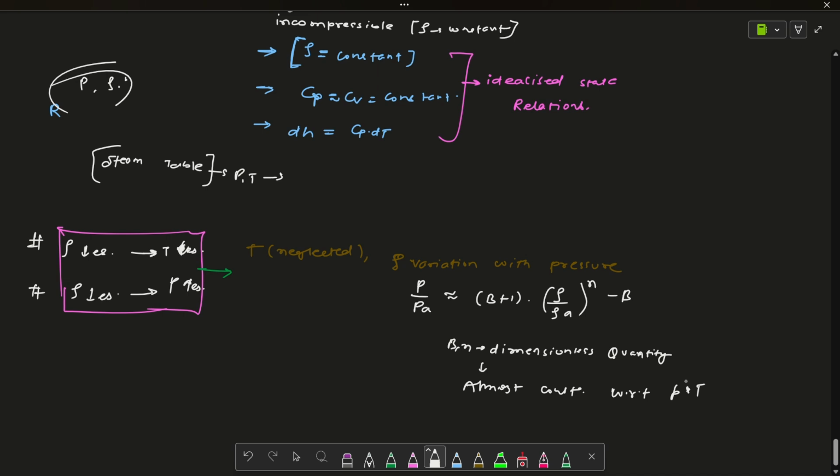So you just take the values for B and n. For example, for water, we will take the B value as 3000 and the n value as 7.